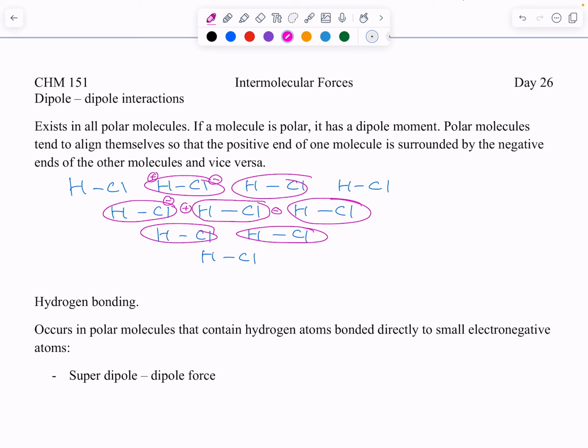Now it would be in 3 dimensions, but that organization causes the molecules to stick together more, which increases their melting and boiling points, right? So you can kind of tell how strong the intermolecular forces are based on their melting and boiling points. The higher the melting point and the higher the boiling point, the more intermolecular forces exist.